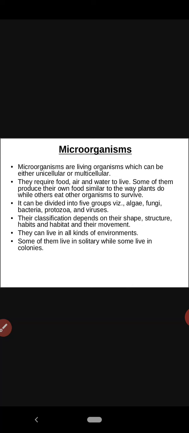Microorganisms, like higher animals, also require food, air, and water to live. Some of them produce their own food, similar to the way plants do, but some have to depend upon other organisms. They can be divided into 5 groups: algae, fungi, bacteria, protozoa, viruses.